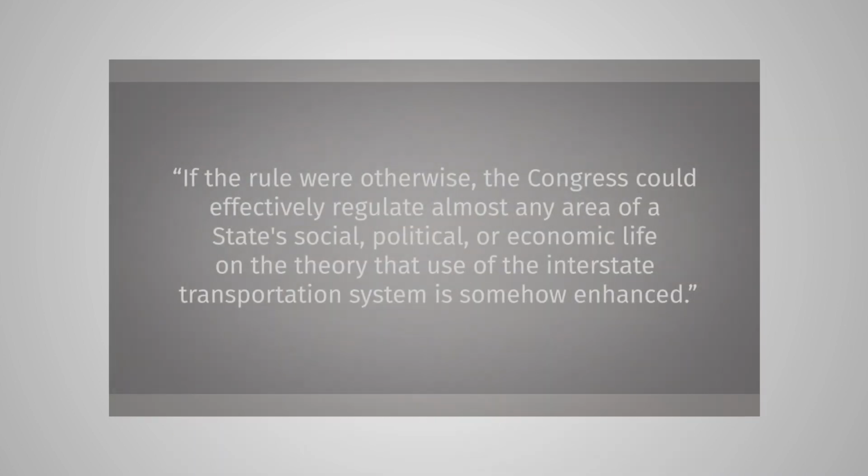For Justice O'Connor, raising the drinking age was not fairly related to the expenditure of highway funds. She explained that, quote, if the rule were otherwise, the Congress could effectively regulate almost any area of a state's social, political, or economic life on the theory that use of the interstate transportation system is somehow enhanced.